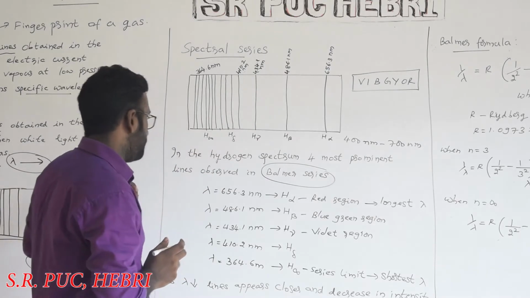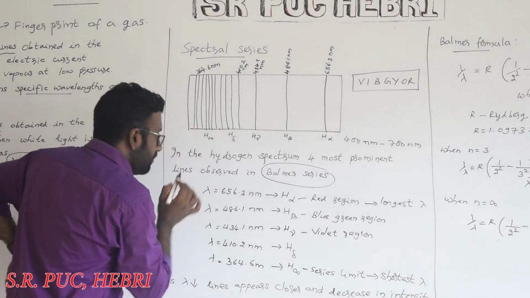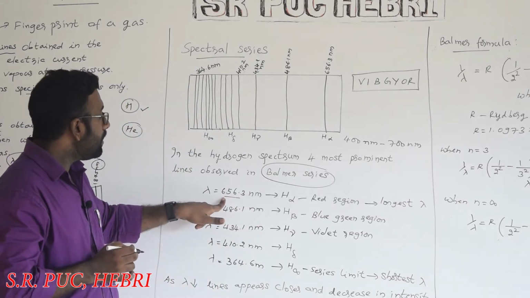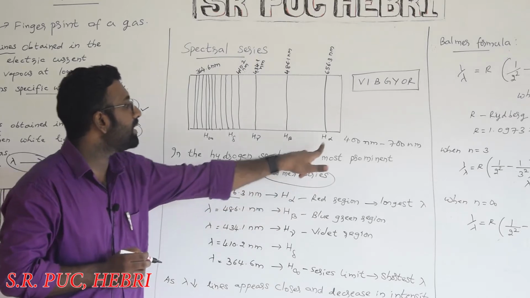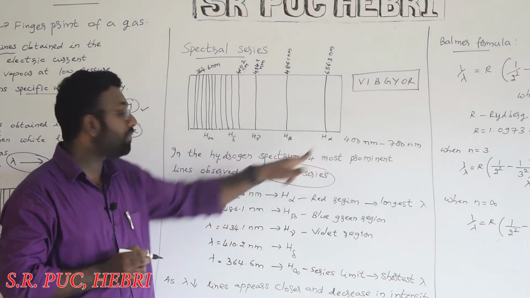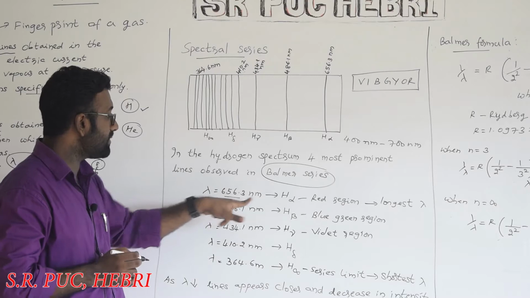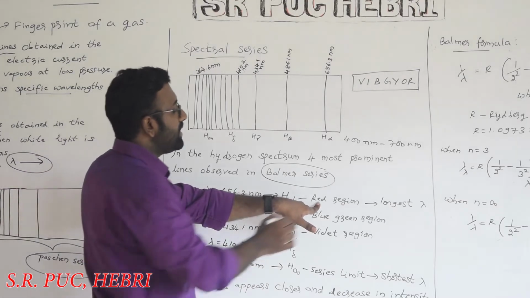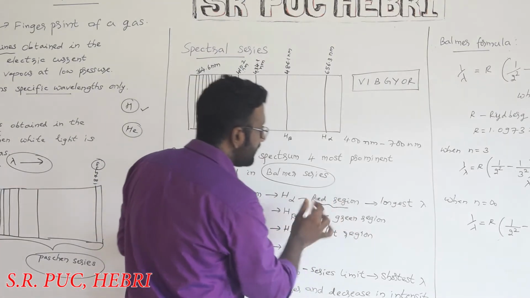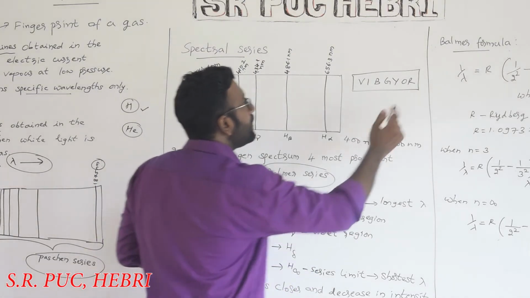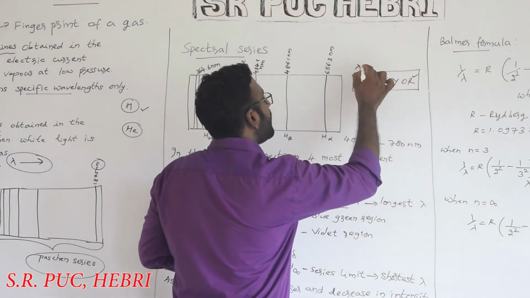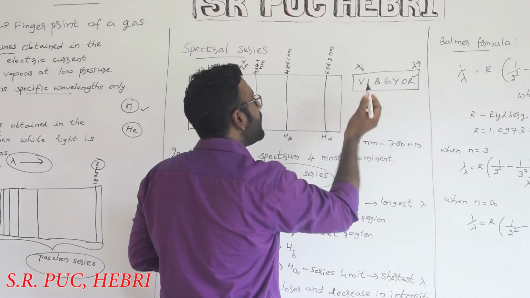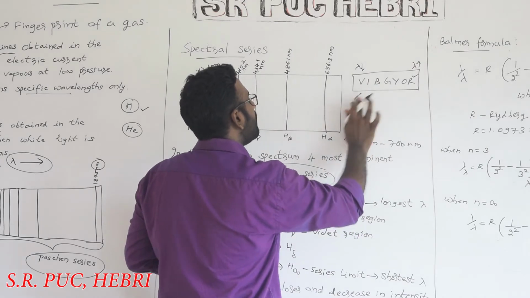Let me take the first wavelength, which is 656. We call this wavelength 656 as H alpha, and it is in the red region. Lambda is less over here, lambda is more over here. What about frequency? We write nu.